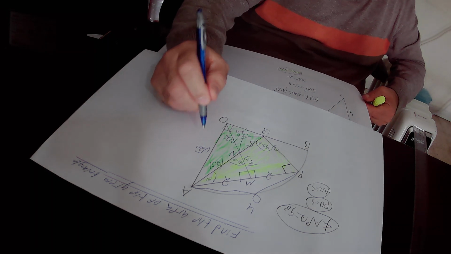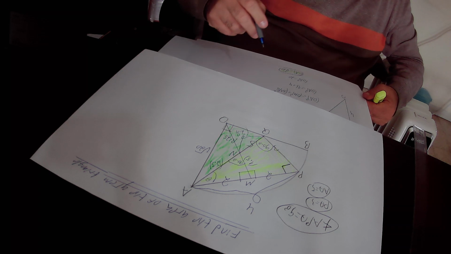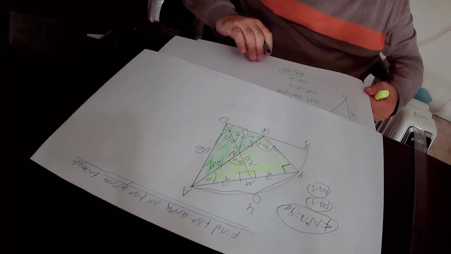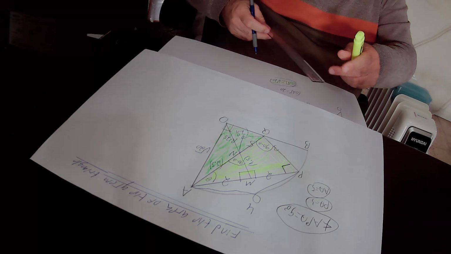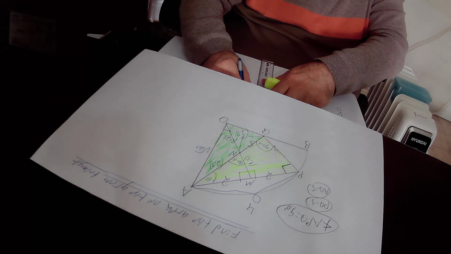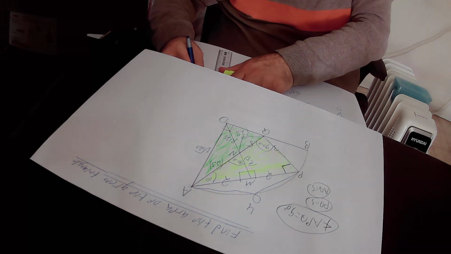And finally, we'll implement the Pythagoras theorem on the right triangle AQO. So I'll copy the right triangle AQO in a new page and we'll implement on it the Pythagoras theorem.